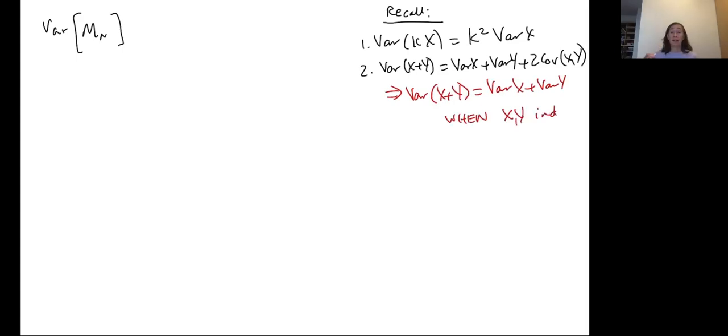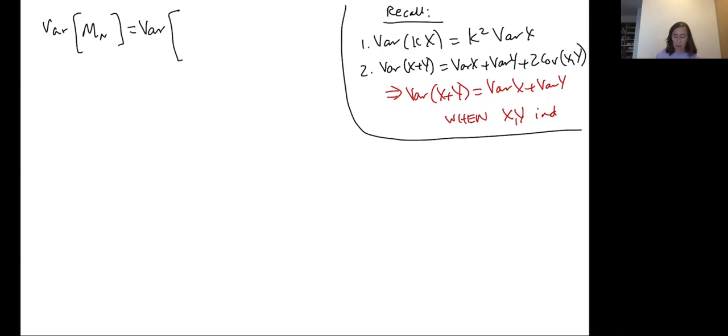And because the x sub i's in our random sample are assumed to be independent, this point is what's going to be relevant for us. So the variance of a sum is the easier thing to calculate when we don't have covariances to worry about. All right. So we've got those useful things that we learned in 200A, and let's bear those in mind as we look at the variance of the sample mean.